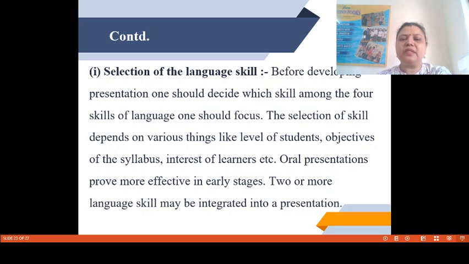The selection of a skill depends on various things like level of students, objectives of the syllabus, interest of learners, etc. Oral presentations prove more effective in early stages. Two or more language skills may be integrated into a presentation.